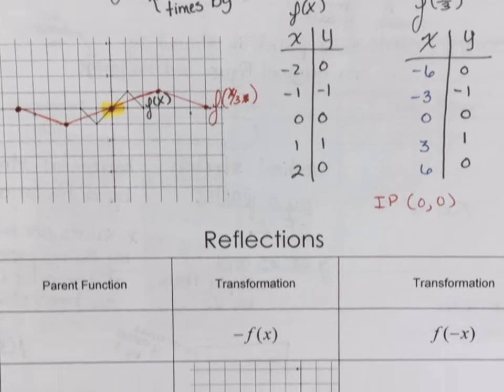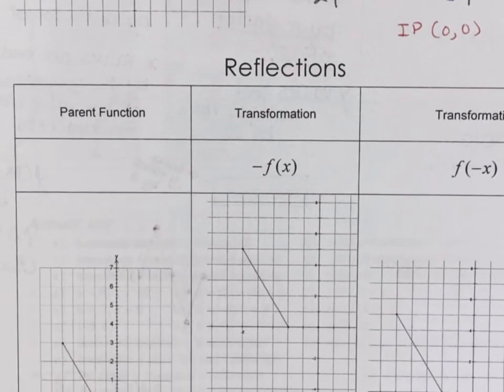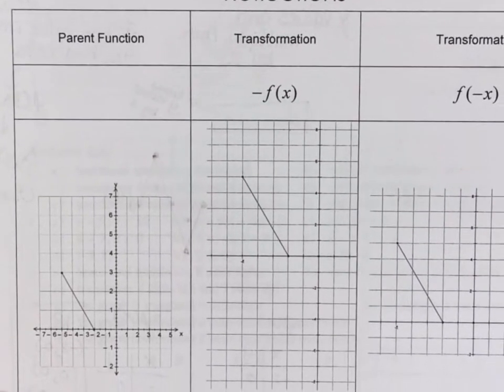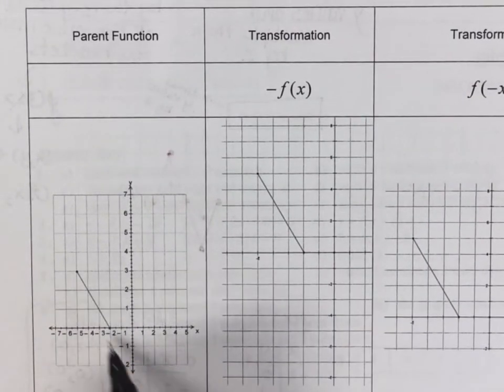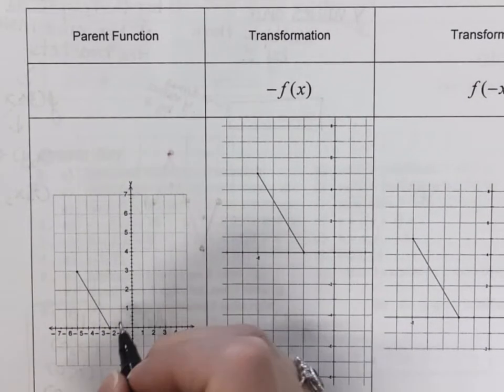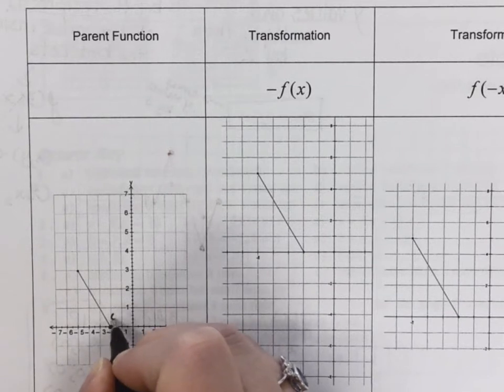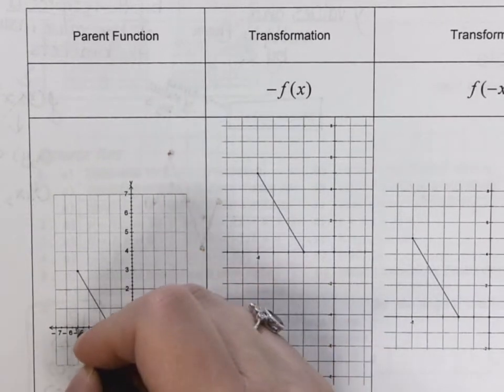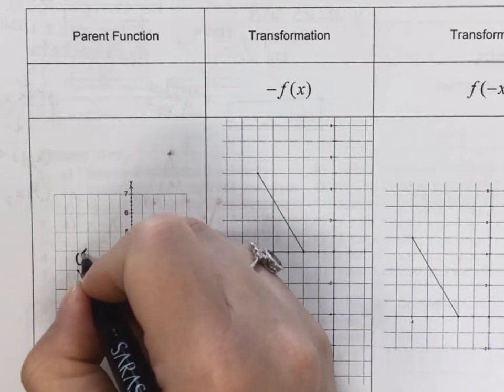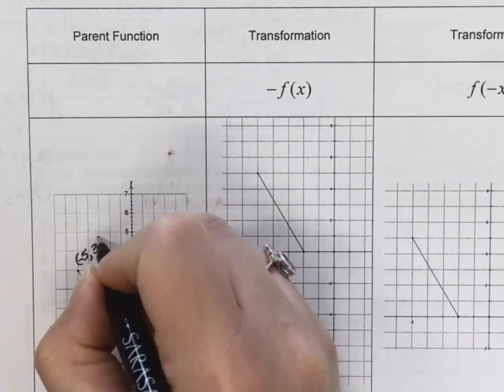This is a nice beginner kind of thing. All right, so we kind of talked about this. So here's my parent function, graphed right here. It has a point at -2, 0, and it's got another point at -5, +3.